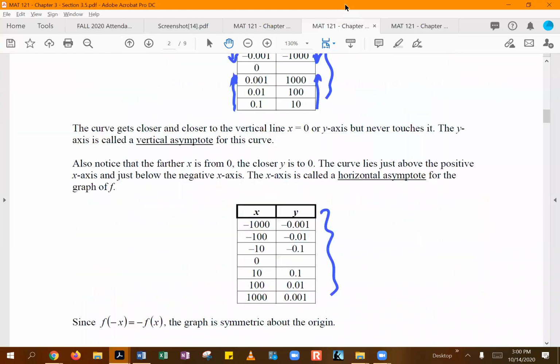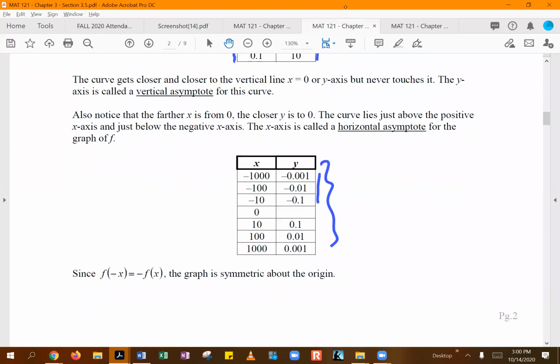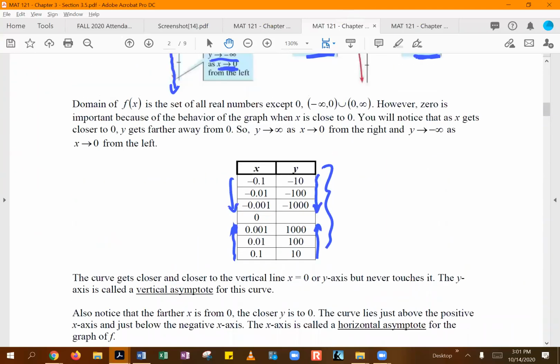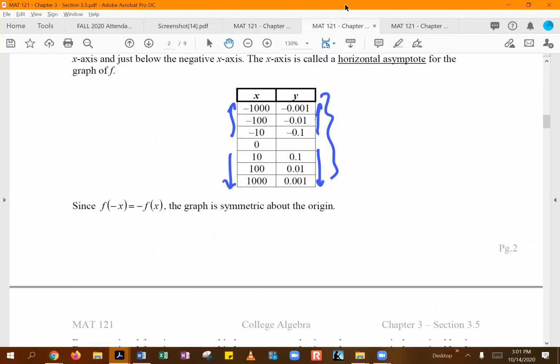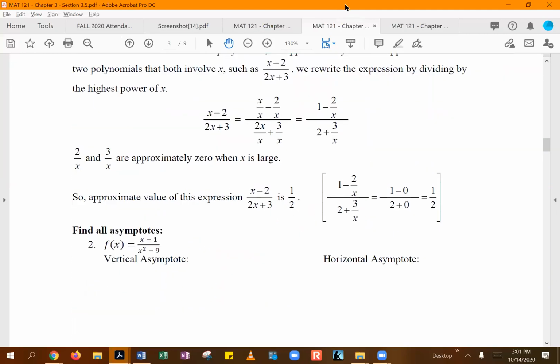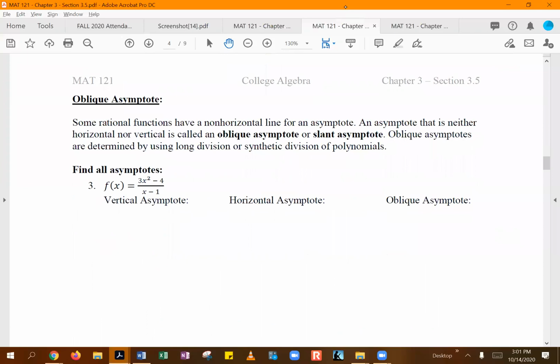So the y gets closer to 0, but the x gets closer to positive or negative infinity, depending on the direction from which you are coming. So you can have vertical asymptotes, you can have horizontal asymptotes, you can also have oblique asymptotes.